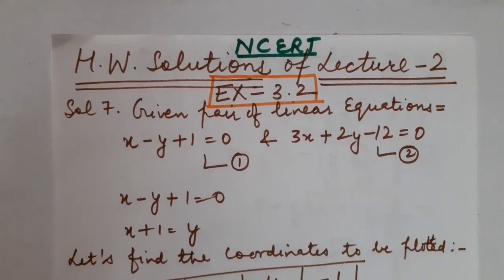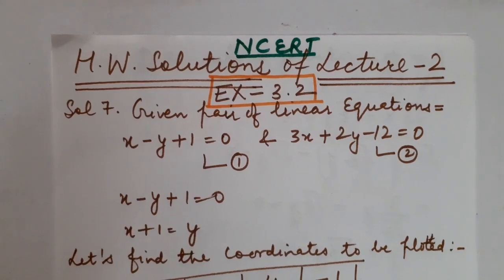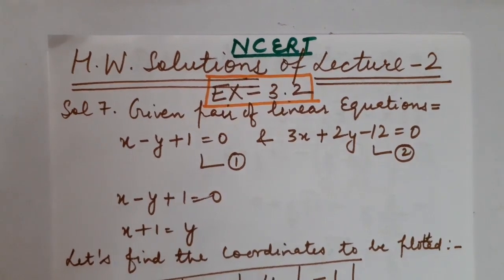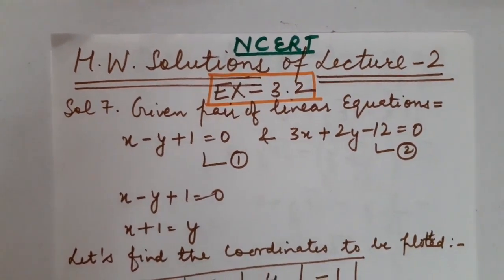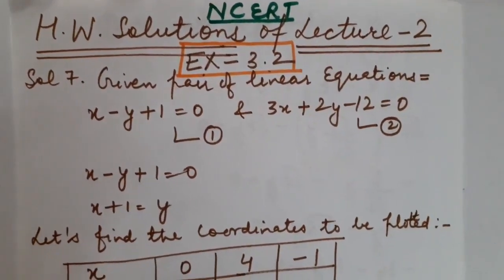Determine the coordinates of the vertices of the triangle formed by these lines and the x-axis. And after that you have to shade the triangular region as well. So, understood the statement? Let us start its solution.